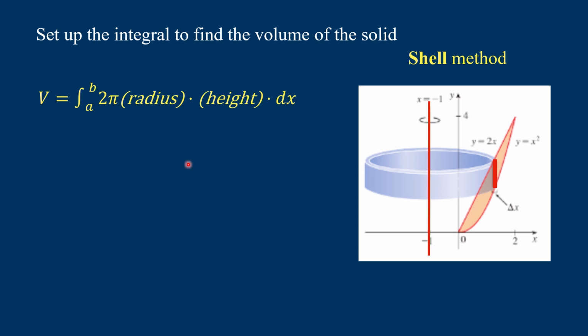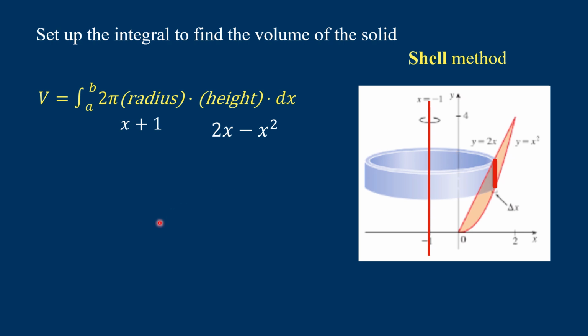The radius is the distance from the rotating axis to this one, which is always x. So the distance from here to here is the x value minus negative 1, which is x plus 1. That's the radius. The height is the distance between the two curves: top curve 2x, bottom curve x squared, so 2x minus x squared.